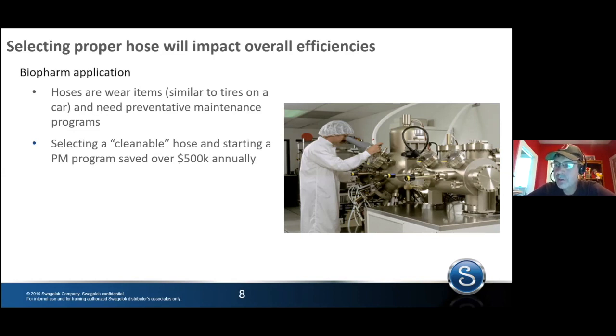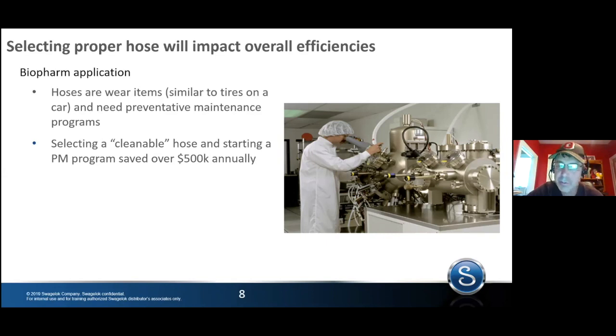And we're very surprised how rarely preventative maintenance programs exist for hoses. They will always wear out. They're a wear item for a fluid system. And just helping a user of our hoses establish a preventative maintenance program so they can plan for the right downtime, they can plan for the hose to be replaced at the correct time, saves a huge amount of money.